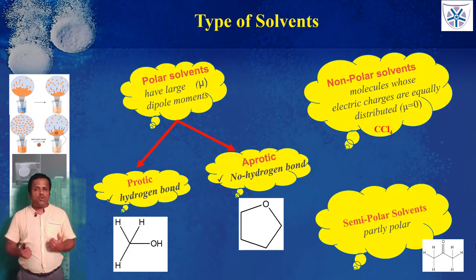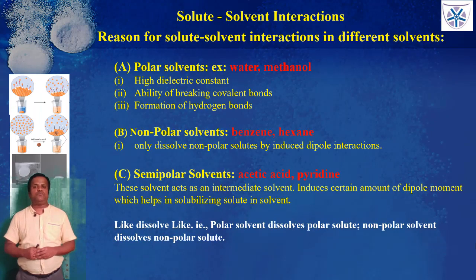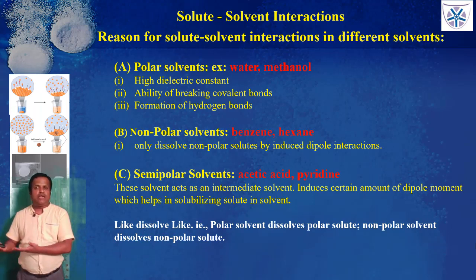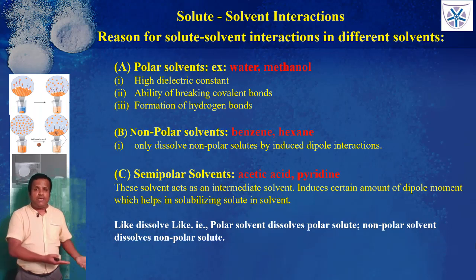Next, solid-solvent interactions. What is the reason for solid-solvent interactions in different solvents? If I take polar solvents, non-polar solvents, semi-polar solvents, or aprotic solvents, the incoming solid molecule interacts differently, because in some places hydrogen bonding exists, in some places the dipole moment plays an important role, in some places non-hydrogen bonding plays an important role, and in some places van der Waals interaction plays an important role.